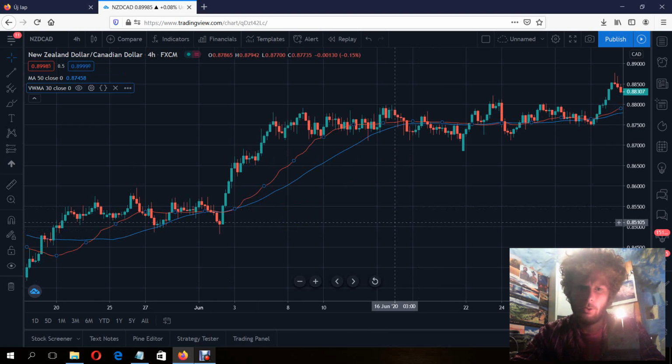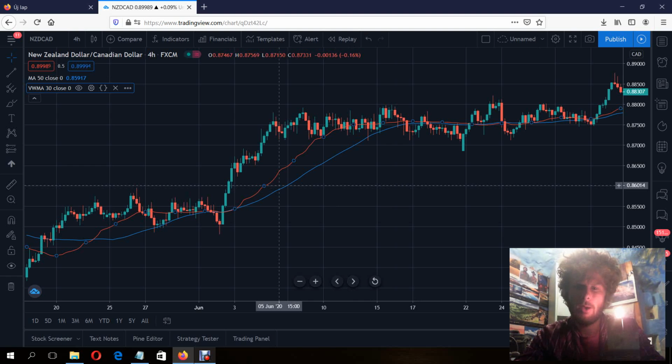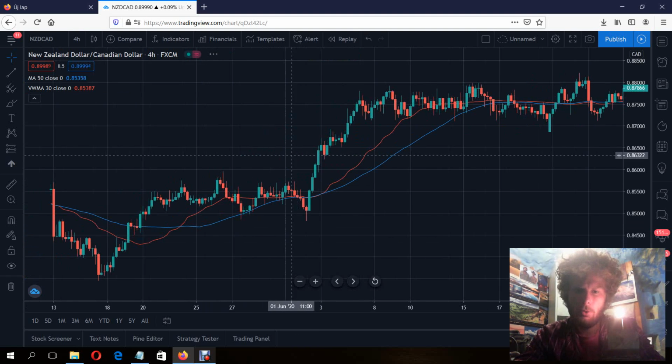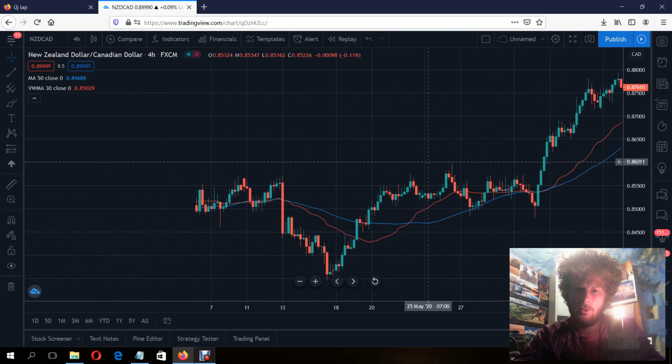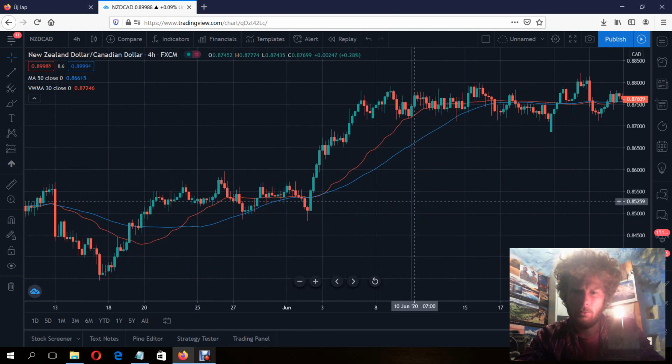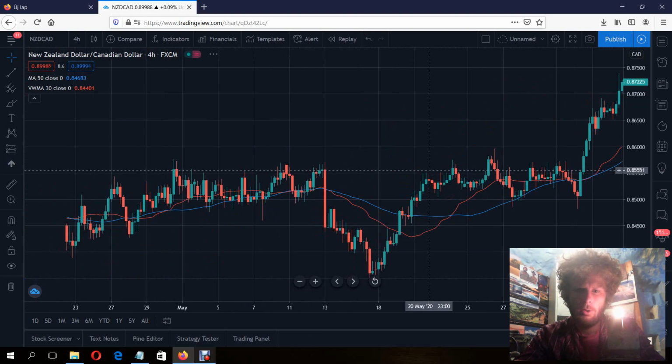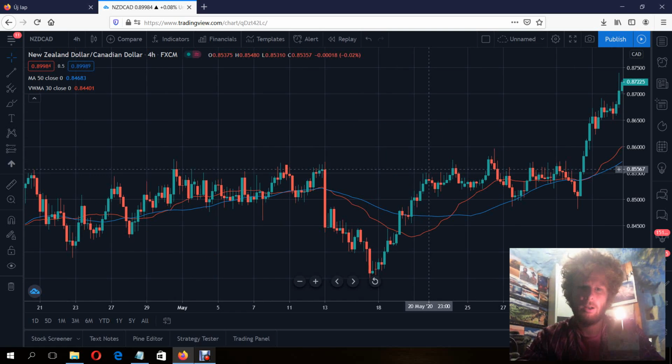Okay, so the strategy is the following. You have these two indicators, one is volume weighted and one is simple. We have three scenarios: emerging trends, trends that are already in place, and ending trends.